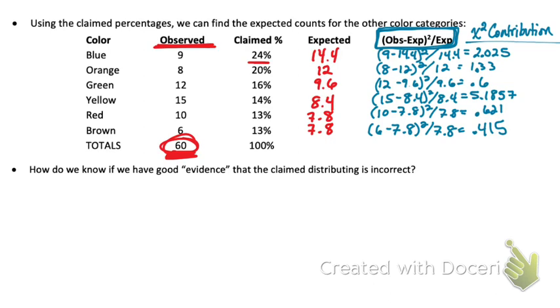Here's what we would now do. We would take each of those chi-squared contributions for each of those colors, and we're going to add all of those together. Add all of these numbers up. Once you sum all of those chi-squared contributions, you will get the chi-squared value.